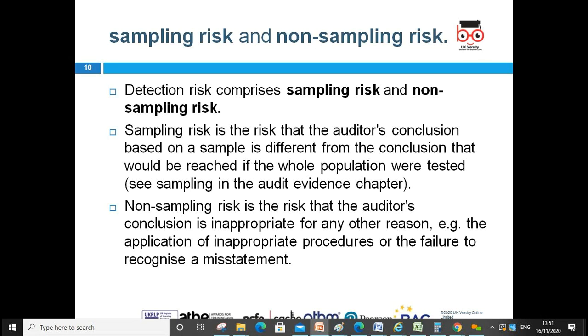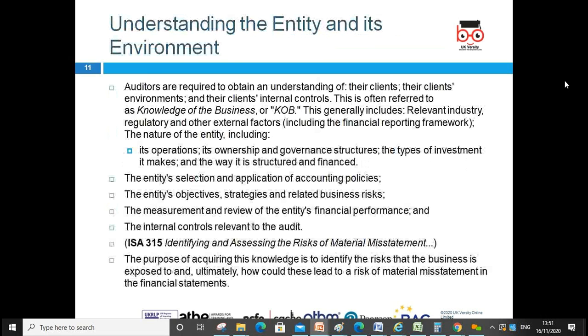Non-sampling risk is the risk that the auditor concludes inappropriately for another reason, such as application of inappropriate procedures or failure to recognize misstatements. Yes, may not recognize it. Any question there?